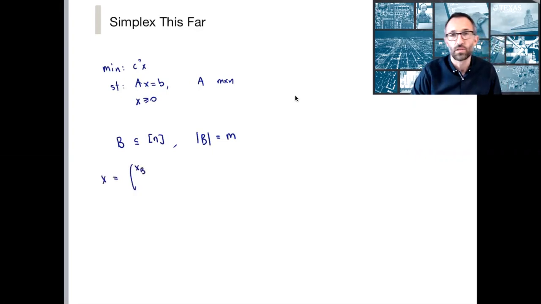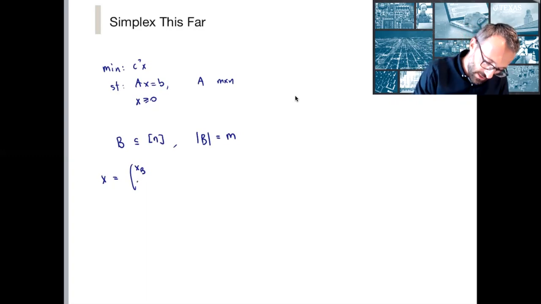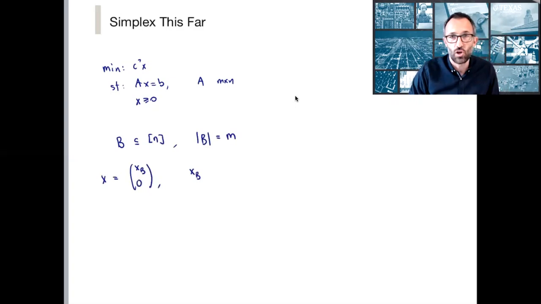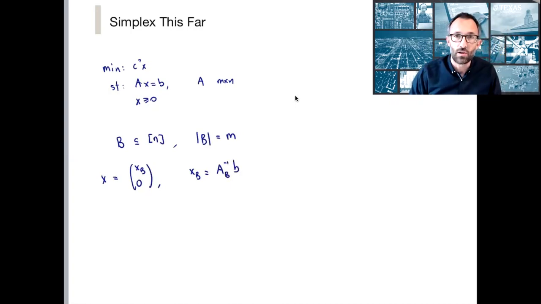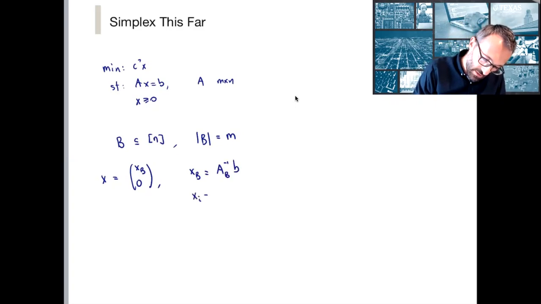Remember, again, I'm abusing notation and rearranging the coordinates in order to represent it in this more convenient way. Where x_B is chosen as the only way that will satisfy the m equality constraints Ax equals b. Therefore, x_B is A_B inverse times b, and the remaining elements are equal to 0 for any i not an element in B.